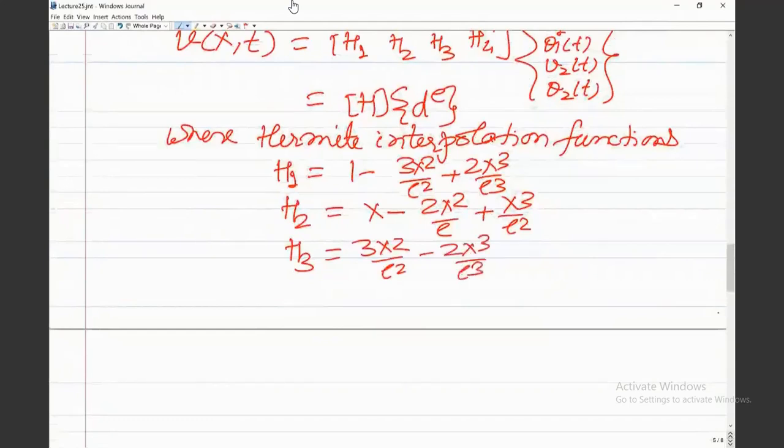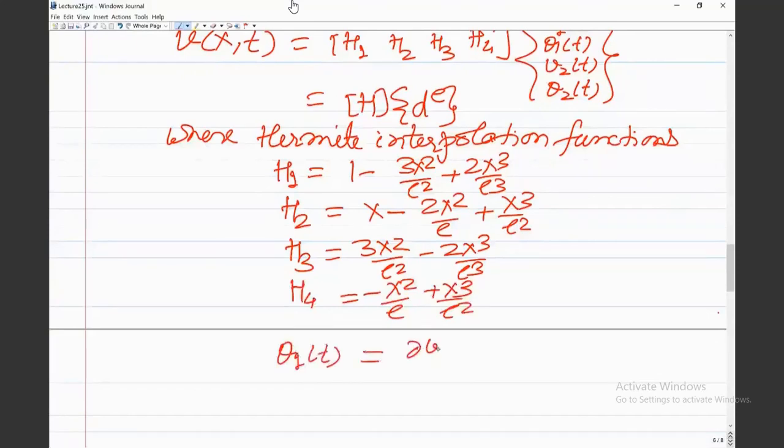So these are the Hermite interpolation functions you can derive. H4 is minus x square by L plus x cube by L square. So these are the interpolation functions, and theta 1 of t is basically dV by dx at node 1, and theta 2 of t is dV by dx at node 2.